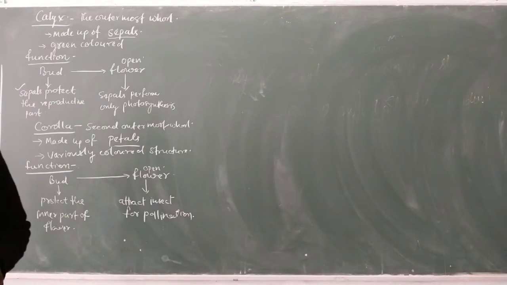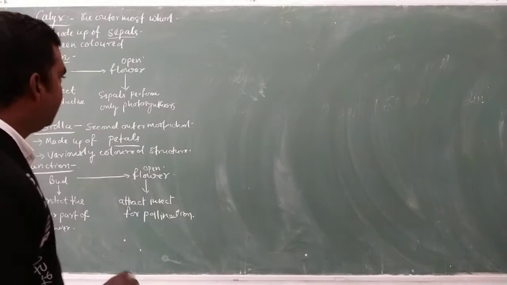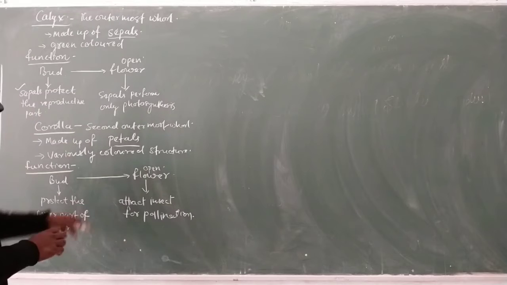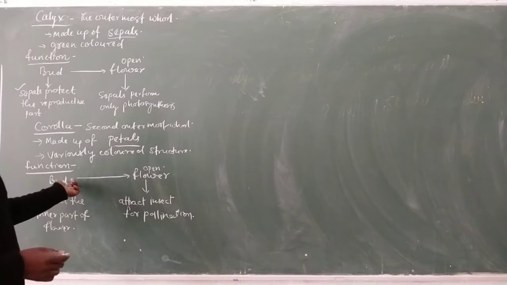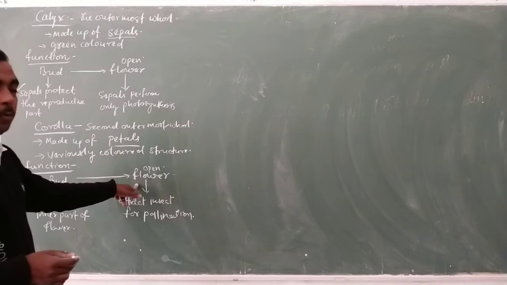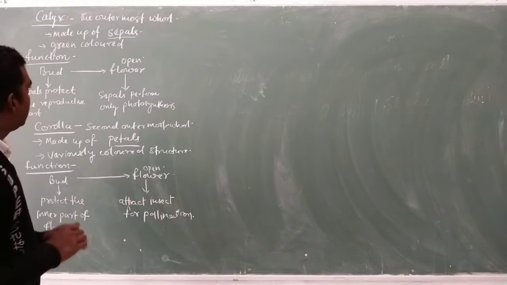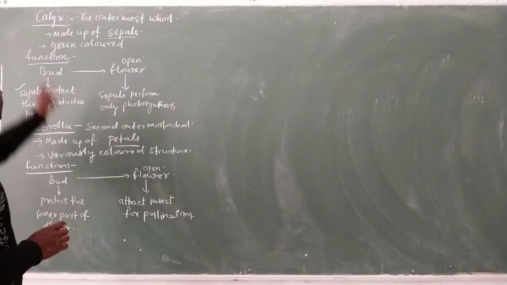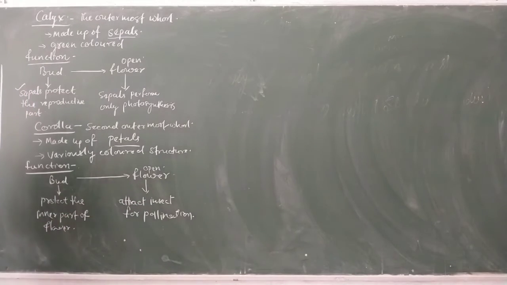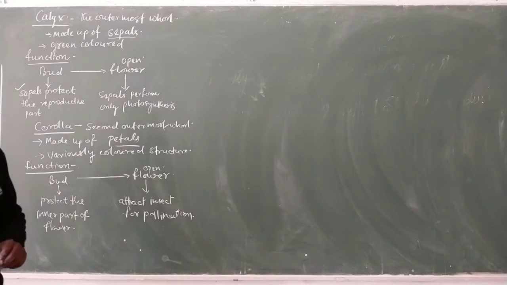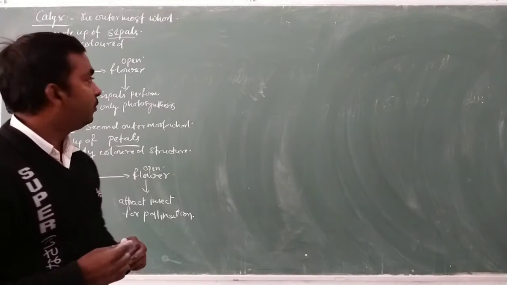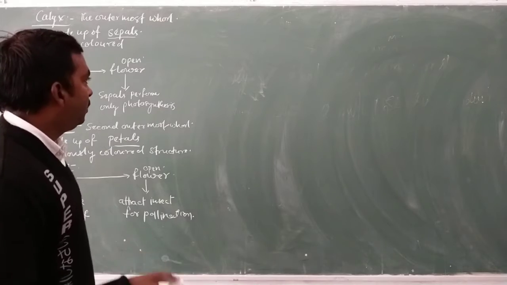So petals also perform two main functions in the flower, the first in bud condition and the second in open flower condition. These two components are collectively known as the non-essential components of the flower.